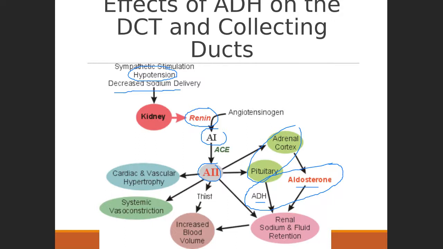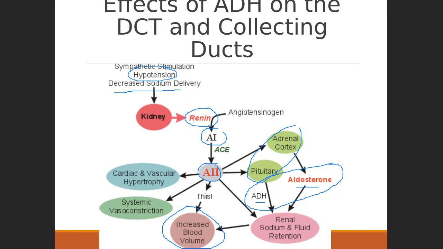We retain fluid, we retain sodium, that's going to increase blood volume, and we always want to think about that relationship of pressure and volume when it comes to a fluid. If we increase the volume, we also have the opportunity to increase the pressure.